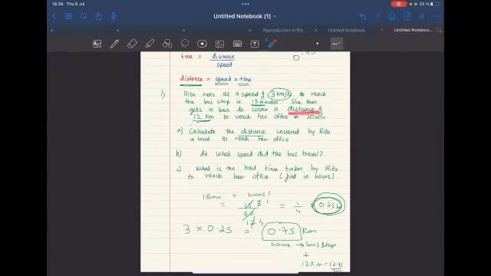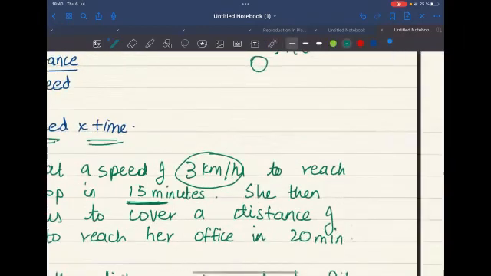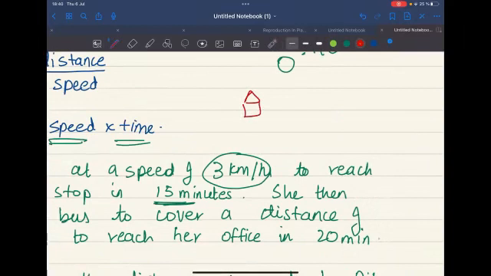Because that is the distance from the bus stop to her office. The question is to find the total distance to reach her office. You have found the distance only from home to bus stop. Remaining distance, who will write? See, home is here. Bus stop is here.